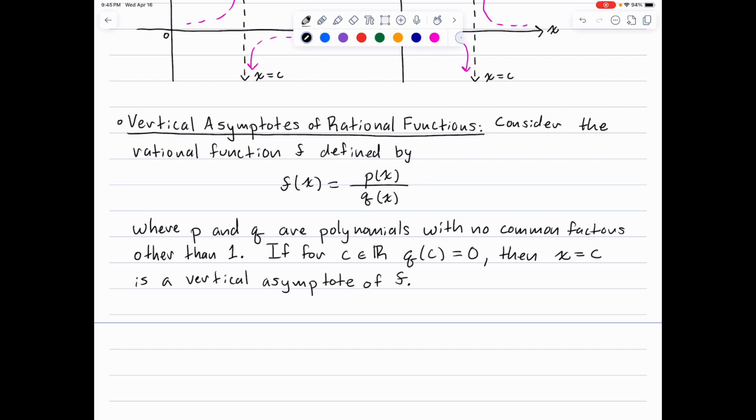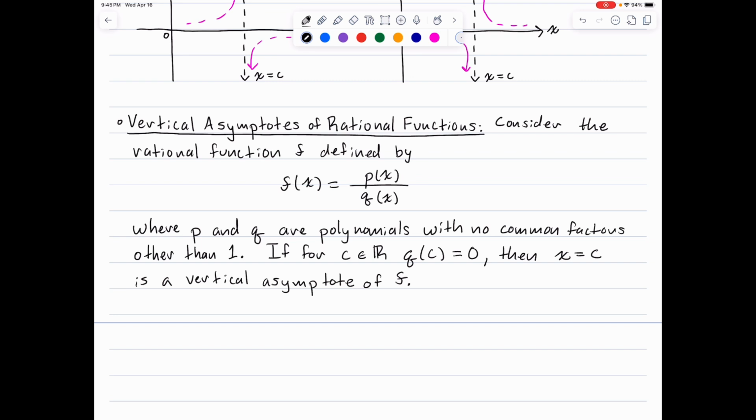So all we need to do to find the vertical asymptotes of f is set q of x equal to 0 and solve for x, because we really just want to find the zeros of q. We want to find the zeros of q because that is where our vertical asymptotes will occur.